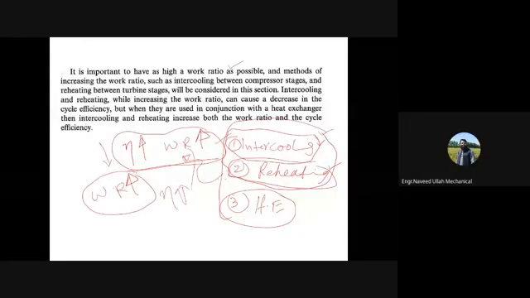So for that reason it is recommended that you use intercooling, reheating and heat exchanger at the same time in order to increase both of the performance evaluators. Did you understand this?